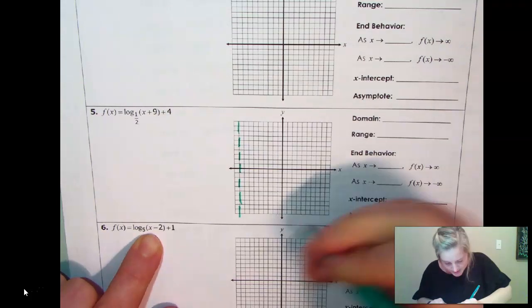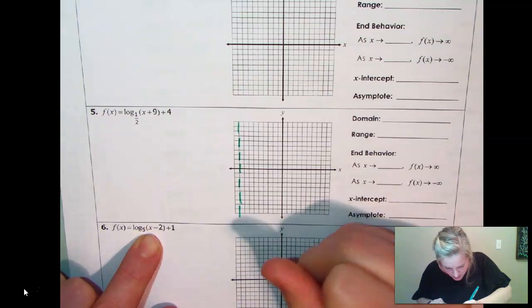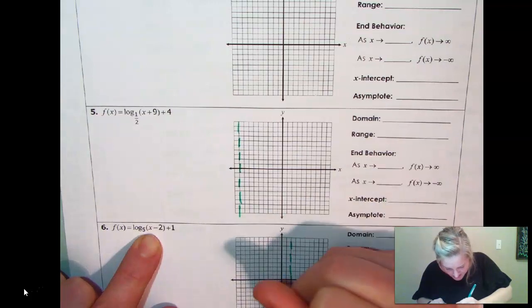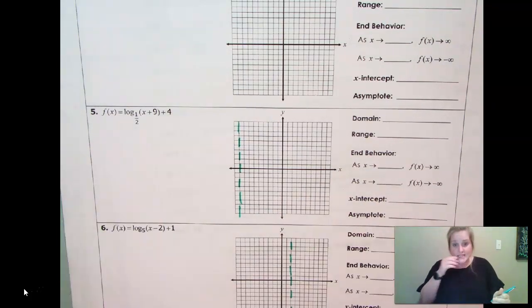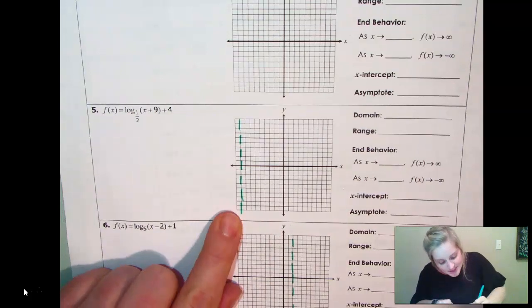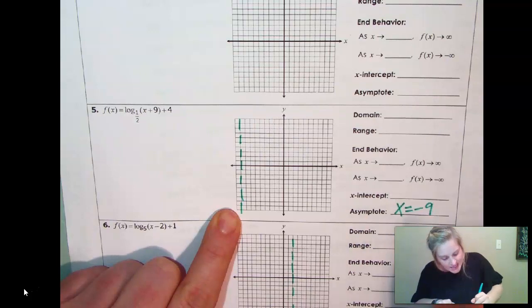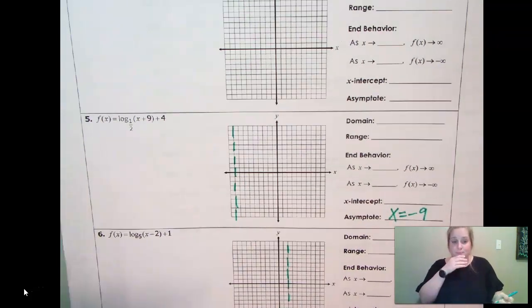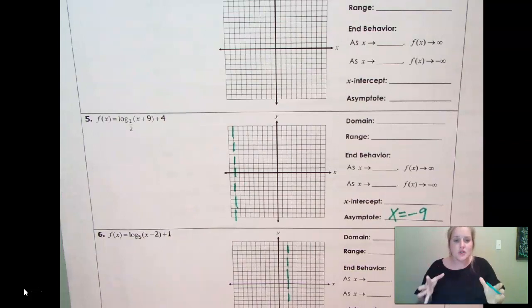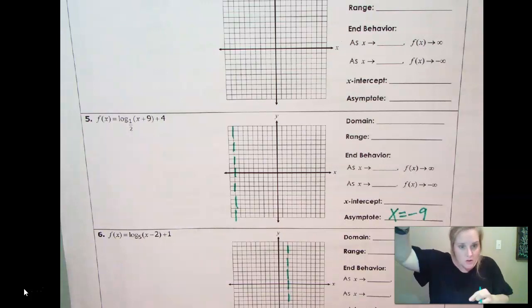So I'm going to the right 2 units, which means this is where my asymptote would be located. So for number 5, my asymptote is going to be at x equals negative 9, and this one is going to be at x equals positive 2. Okay, so that's what controls your asymptote. Does that make sense? If not, rewind and watch it again.